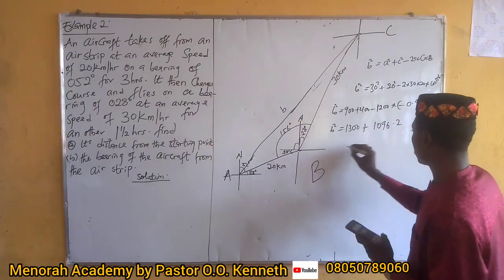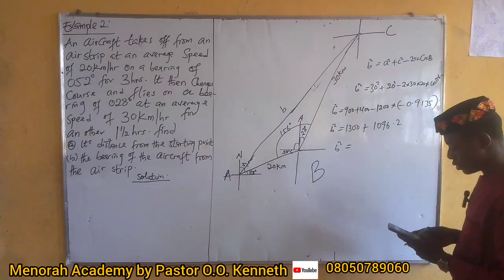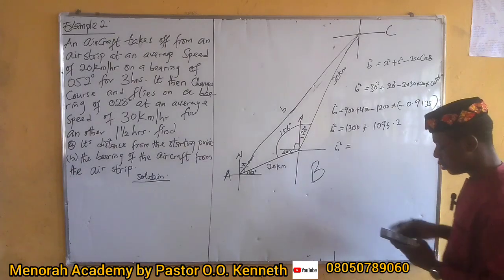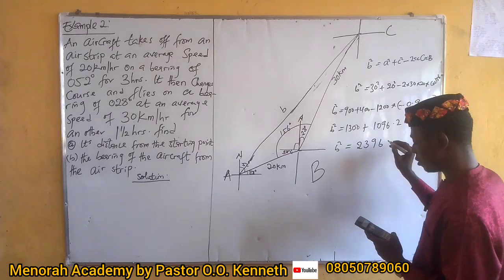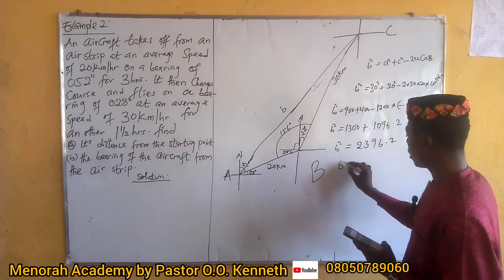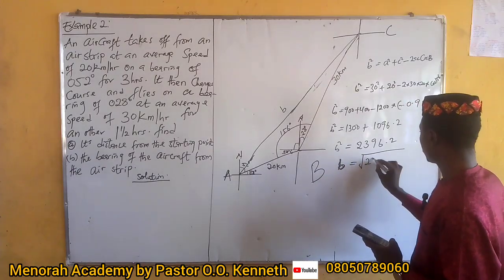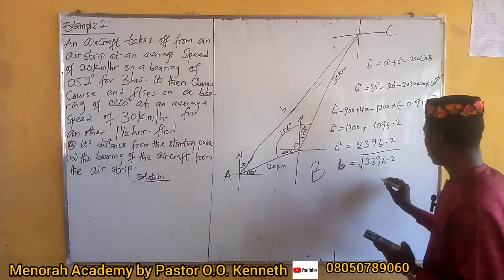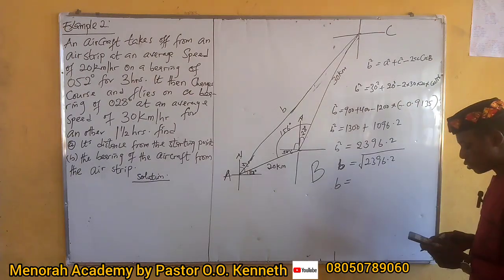So b squared equals 1,096.2 plus 1,300, which gives 2,396.2. So b now will be equal to the square root of 2,396.2.